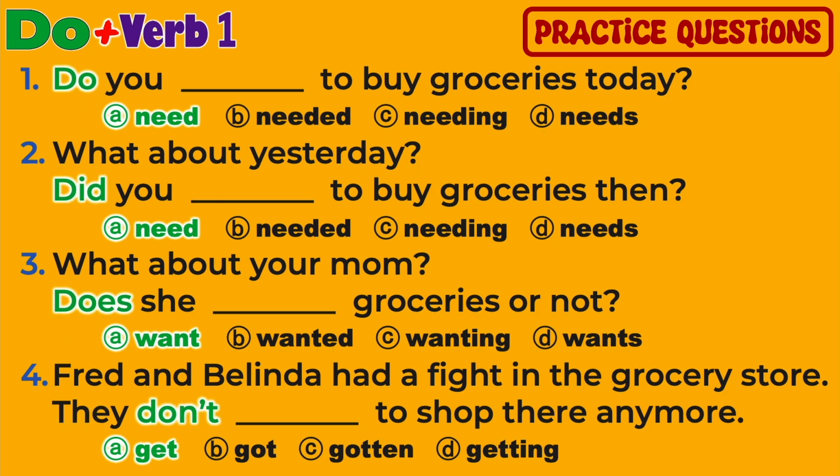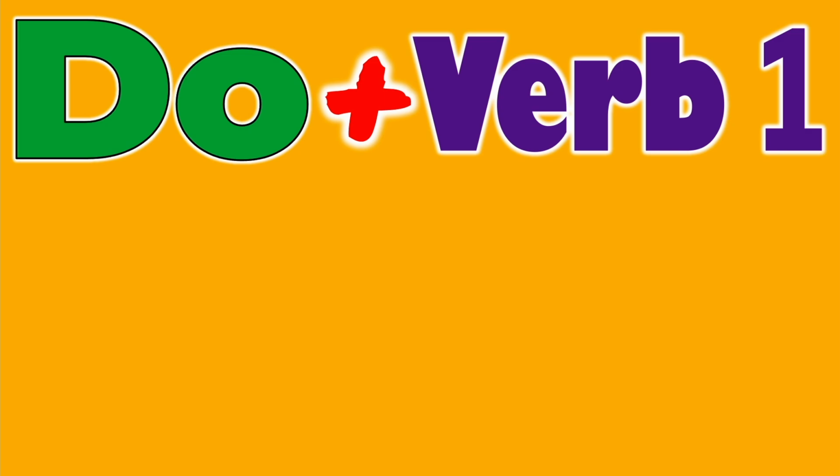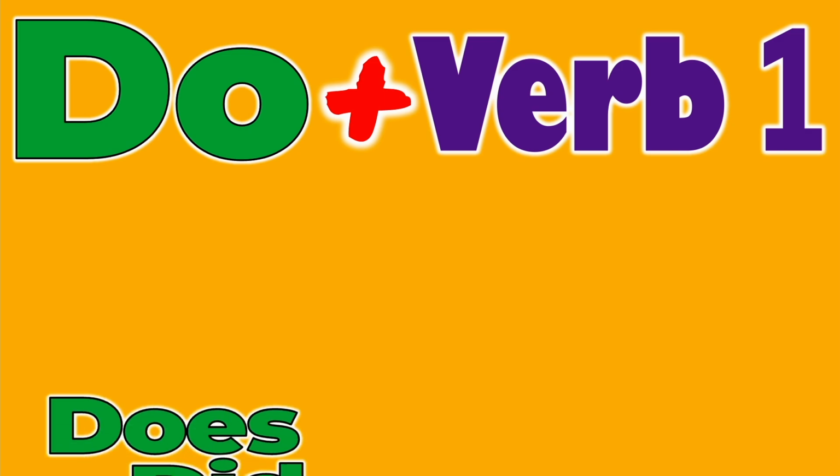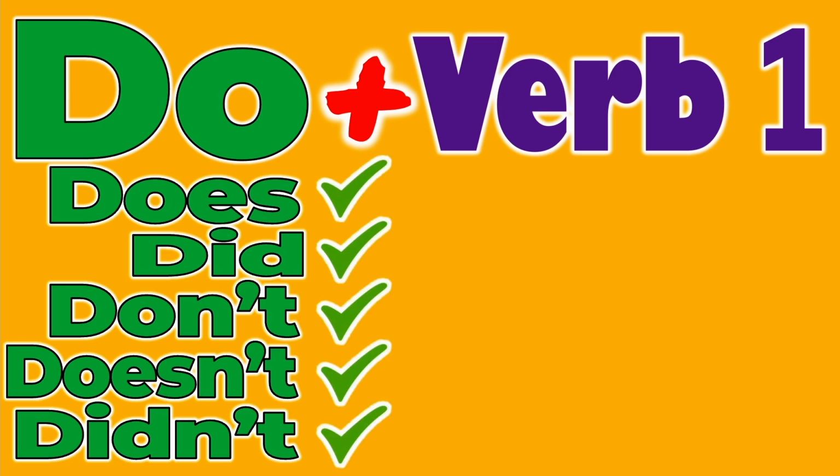Okay? Look at all those do helping verbs. Do, did, does, don't. I need the same answer every time. Verb 1, verb 1, verb 1, and verb 1. Okay, so do plus verb 1, a great rule for English. All of these guys, do and does and did and don't and doesn't and didn't, all use verb 1.